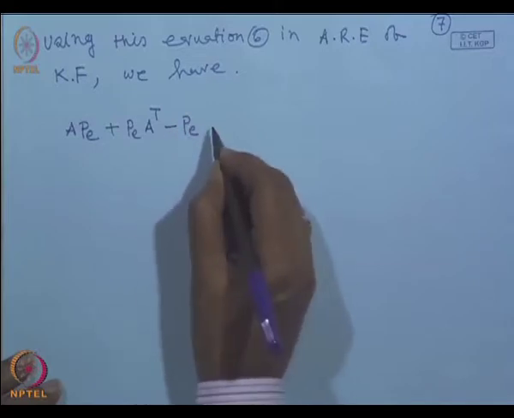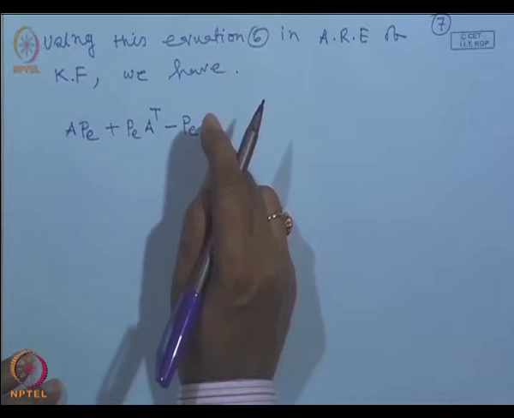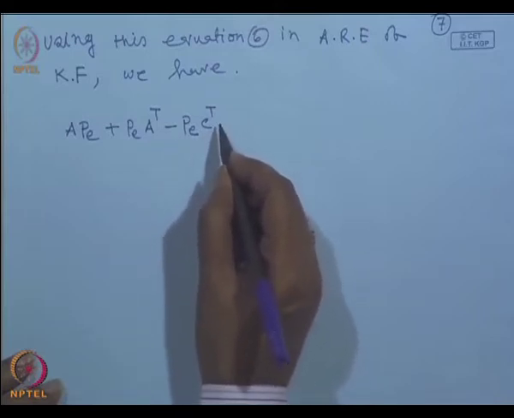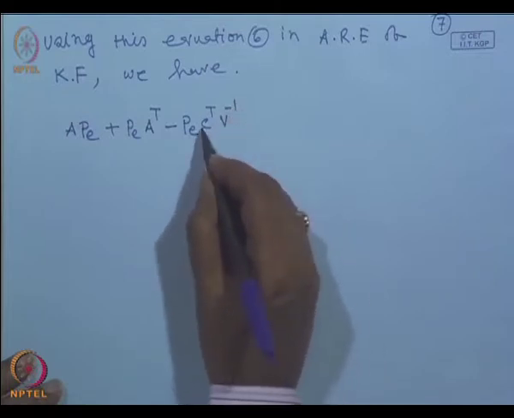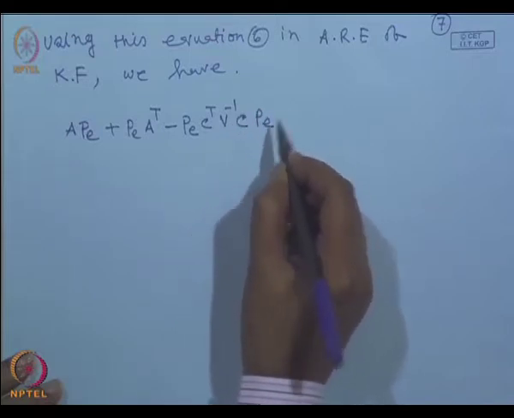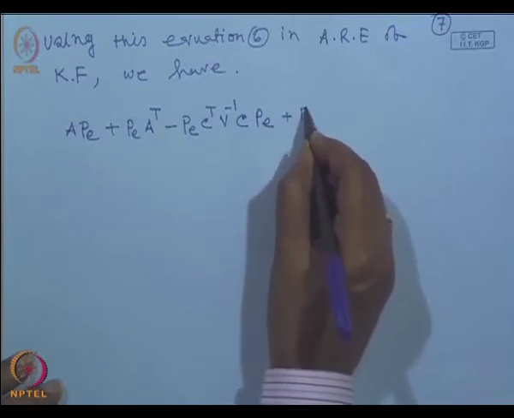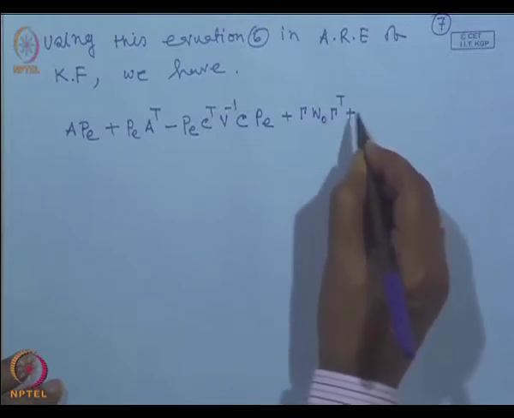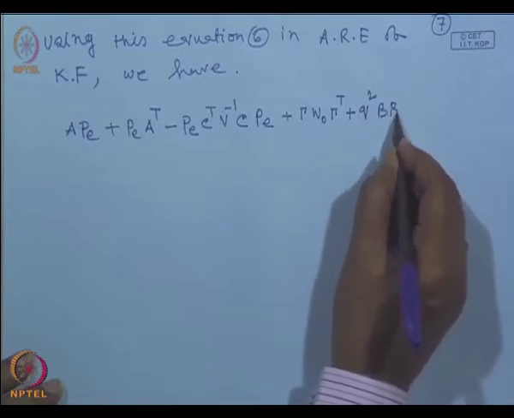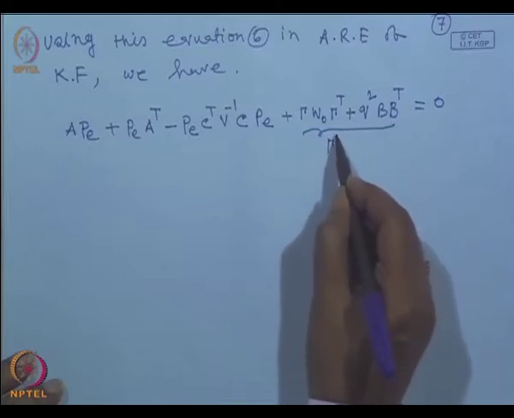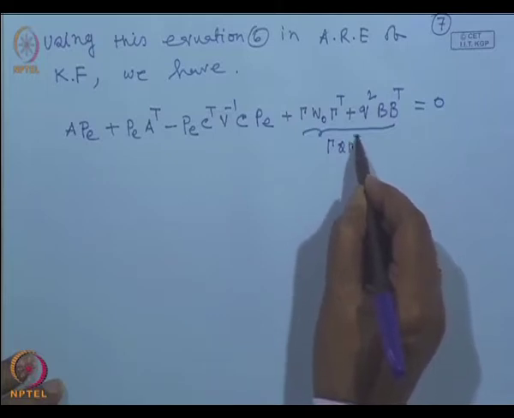Then there is P E C transpose V inverse C P E, where V is the measurement noise covariance matrix, plus gamma W 0 gamma transpose plus q square B B transpose is equal to 0, and that quantity is nothing but our gamma W gamma transpose.